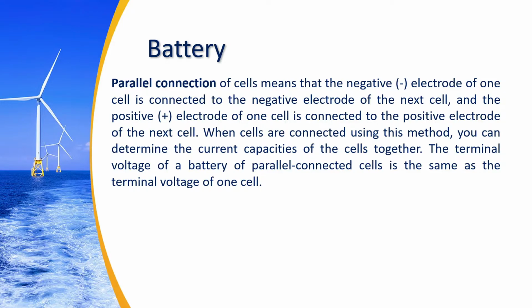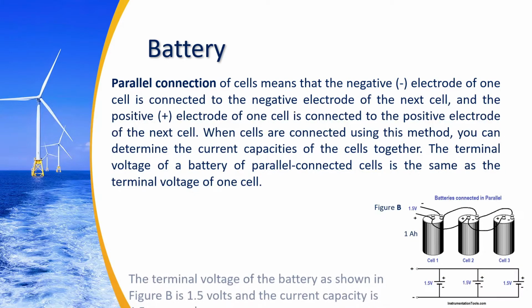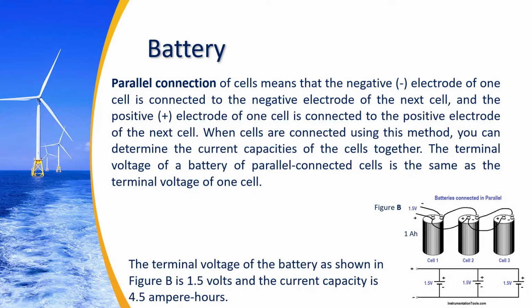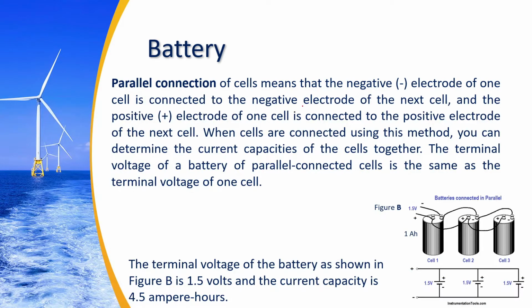So the terminal voltage of a battery of parallel connected cells is the same as the terminal voltage of one cell. So parang katulad nitong figure B. Okay? So the terminal voltage of the battery as shown in figure B is 1.5 volts. Bakit 1.5? Kasi kapag yung mga cells natin is connected in parallel, pare-pares lang yung magiging voltage rating niyan.